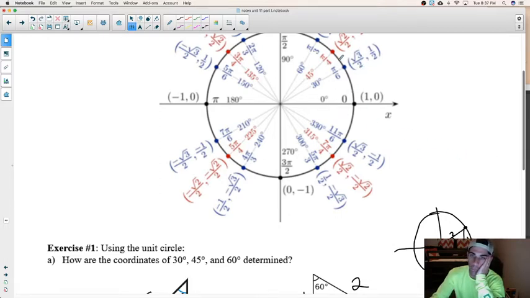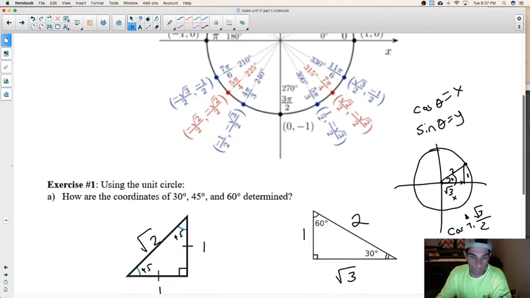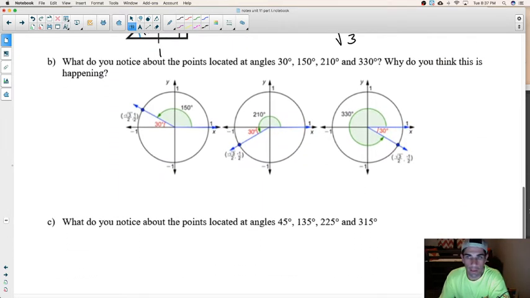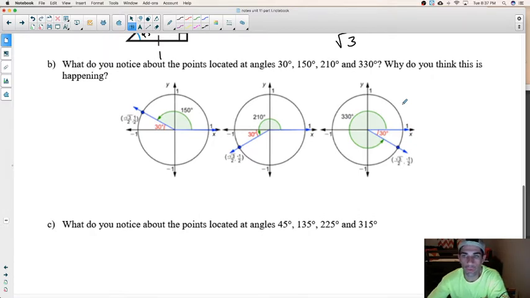Now to find the y value, y is sine. So again, here's another review. Remember, cosine is x, and sine is y. Sine is opposite over hypotenuse, so the opposite is 1, and the hypotenuse is 2, and that's where they got 1 over 2. And then the same thing happens for 45 and 60. So that's kind of where it all comes from. All right, so now let's take a look at these three angles drawn.